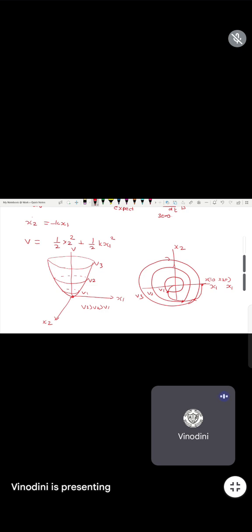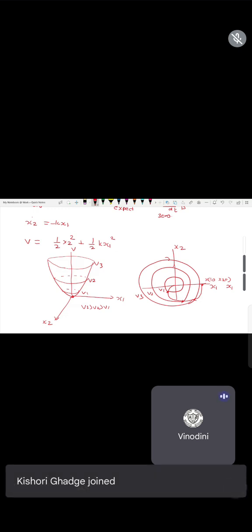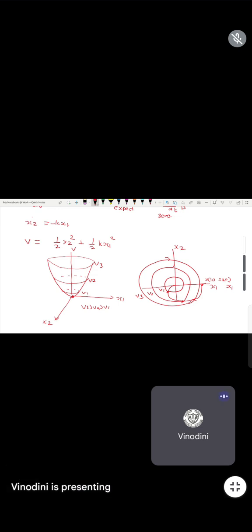This crosses the constant V curves and moves towards the lowest point of the cup. When it is reaching over here, this will be 0. So this is the typical trajectory on the x2 and x1 plane. Okay. So we understand Lyapunov's concept of energy.